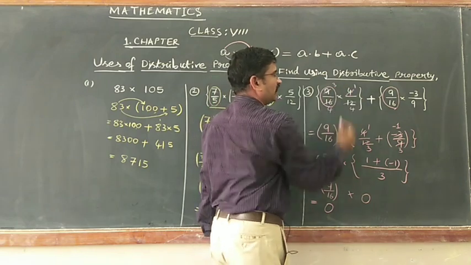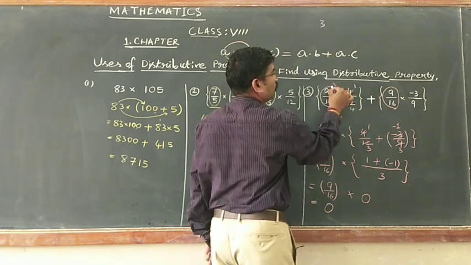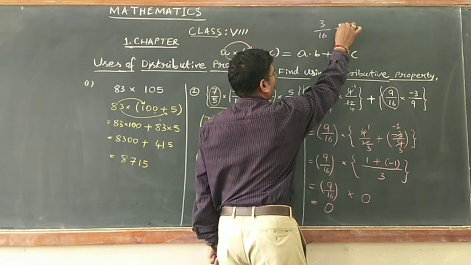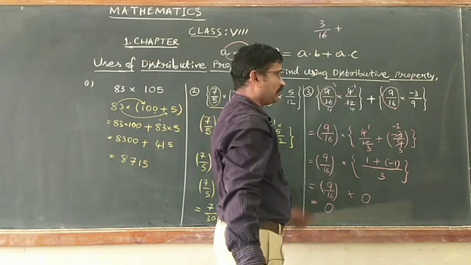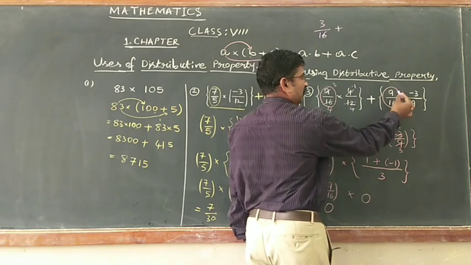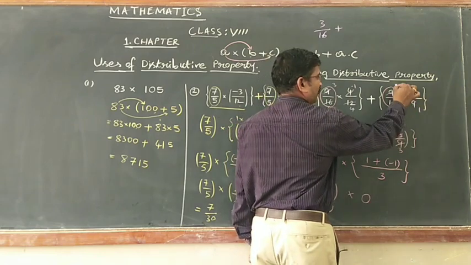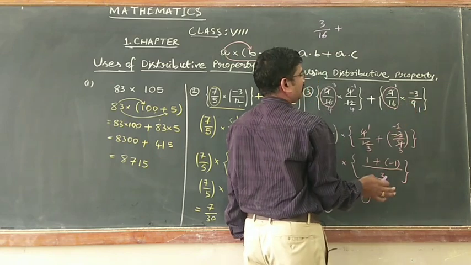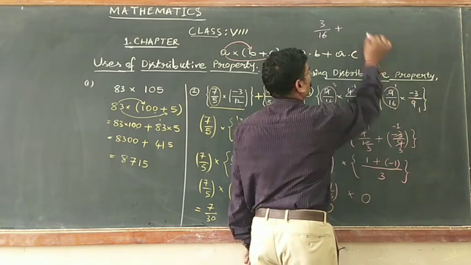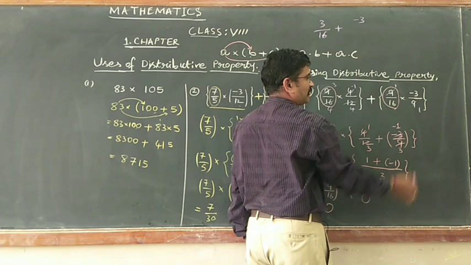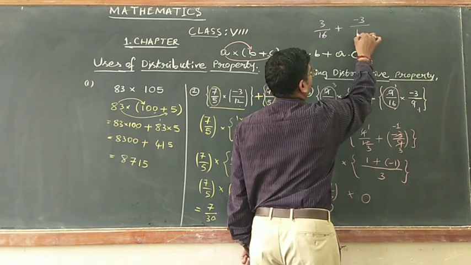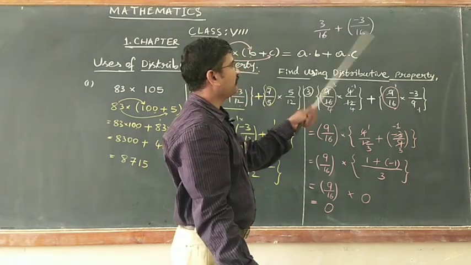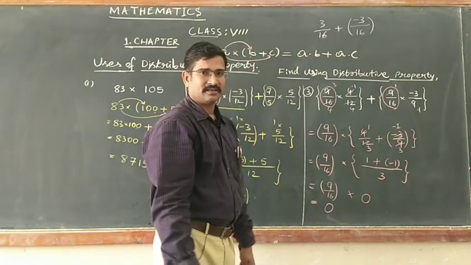So, 3 into 1 upon 4 into 4, 16, added to, here for further simplification, 9 ones are 9, this cannot be simplified further. So, minus 3 into 1, minus 3, upon 16, since it is a negative number. Now, simplify this, you will get 0 only.